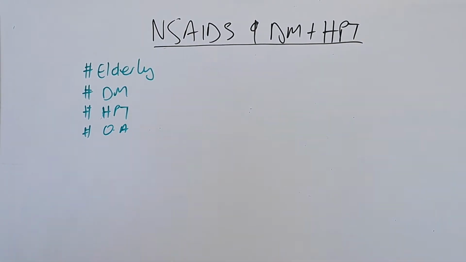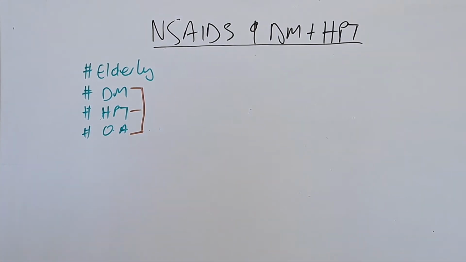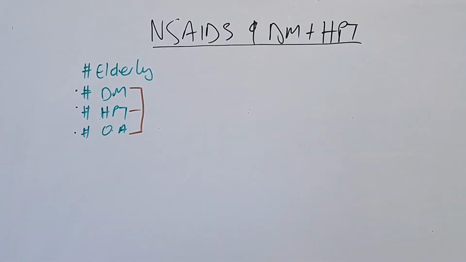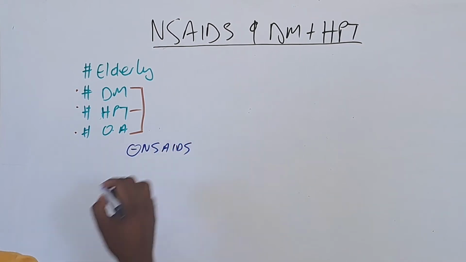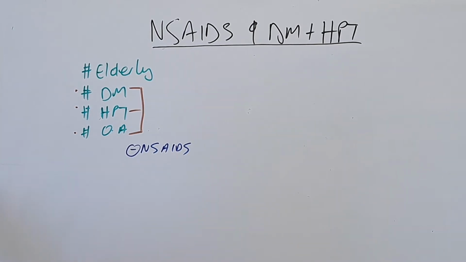Sometimes, even if they are not necessarily old people, the fact that they've got these bottom three, it's very difficult to manage these patients because they will come in with pain from the osteoarthritis, but you know very well that you can't use NSAIDs, especially if they've got a proven nephropathy, be it from the diabetes or from the hypertension.